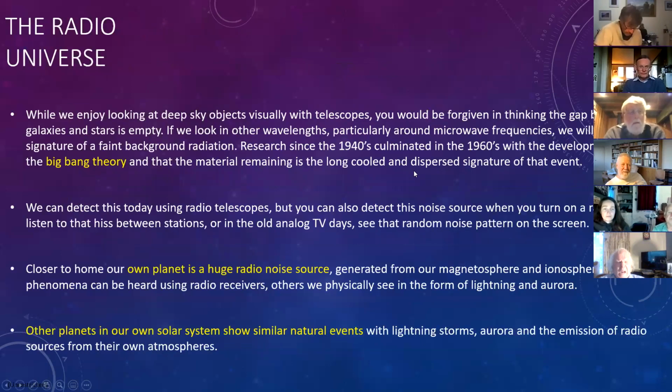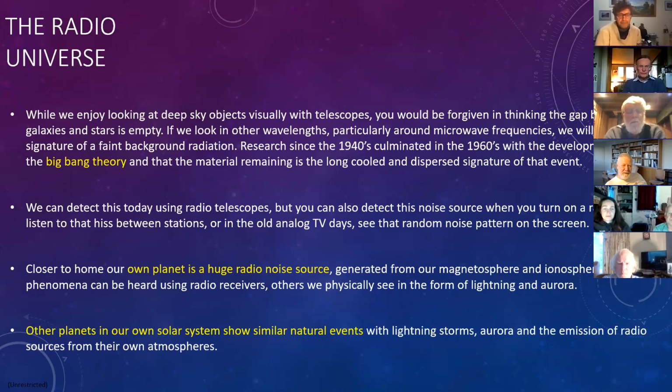So let's have a quick think about what we've got around us for a start. While we enjoy looking at deep sky objects with our visual telescopes, you'd be forgiven for thinking that the gap between galaxies and stars is empty, that there's nothing between them, because we can't see very much in our telescopes between objects.